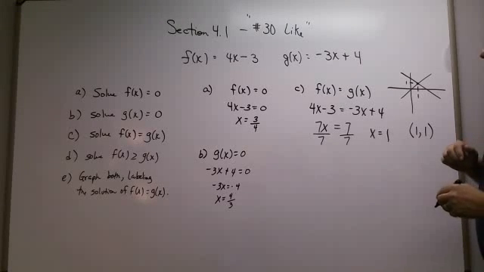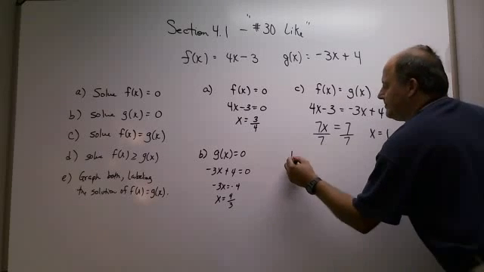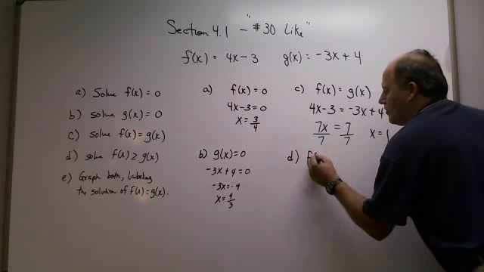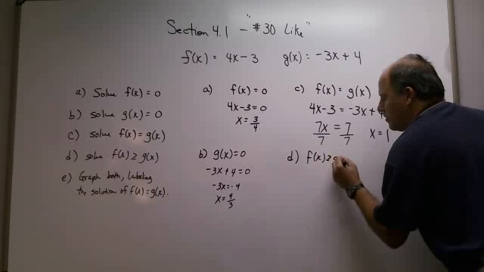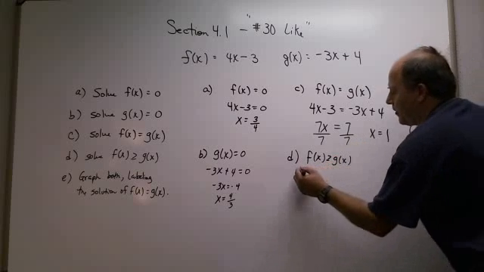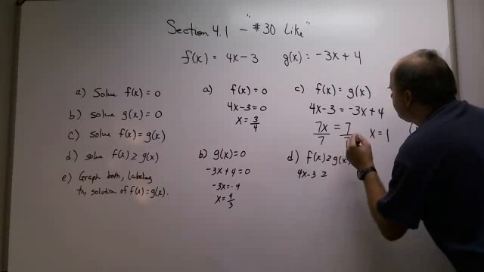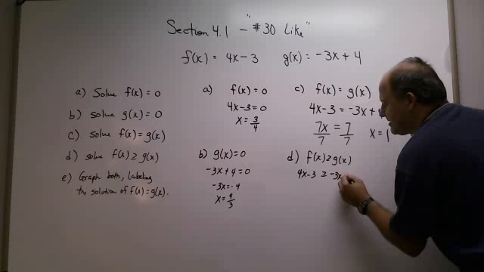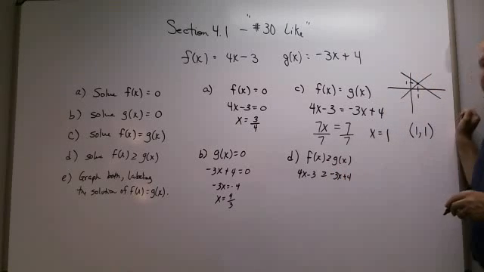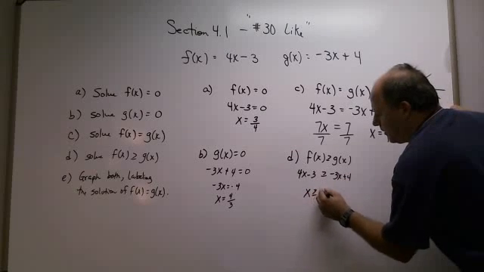Now D is asking, where is f of x greater than g of x? On this one, you just set 4x minus 3 greater than or equal to negative 3x plus 4. This solves exactly the same way, and it ends up being that x is greater than or equal to 1.